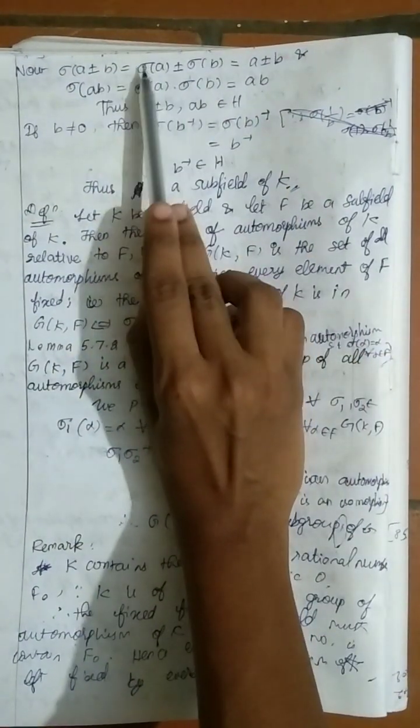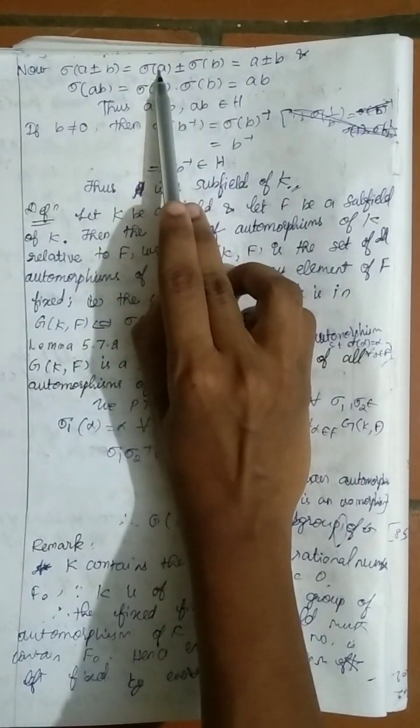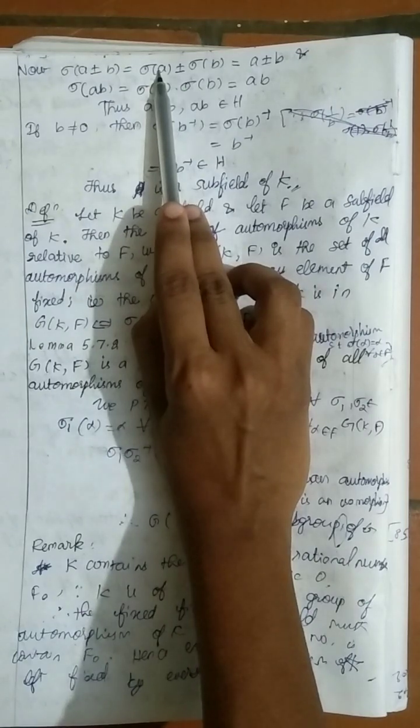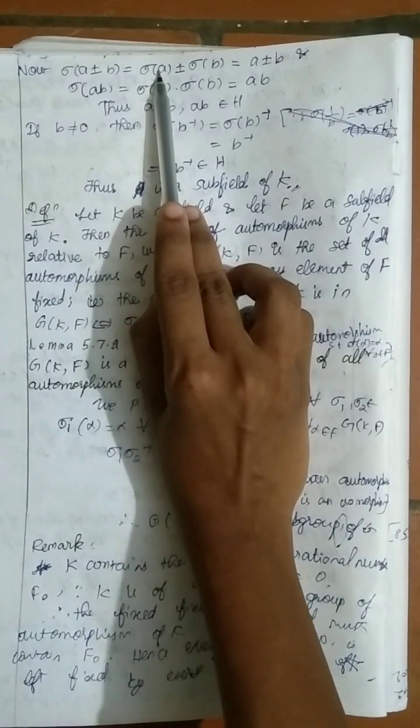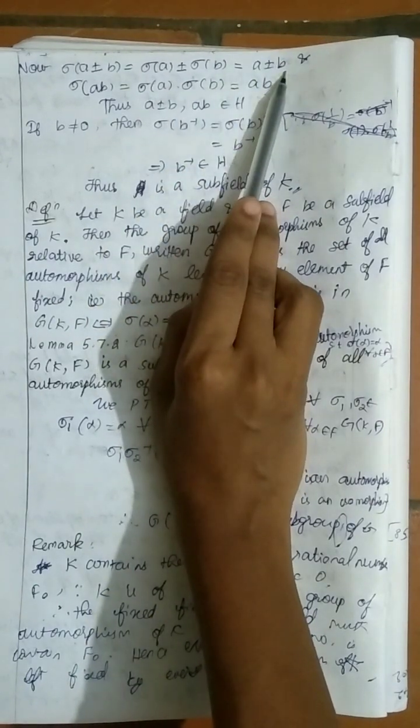So I can spread it out: sigma of A plus or minus sigma of B. I know that sigma of A equals A. Why? Because A is an element of H, and H is the fixed field of G. So I will get A plus or minus B.